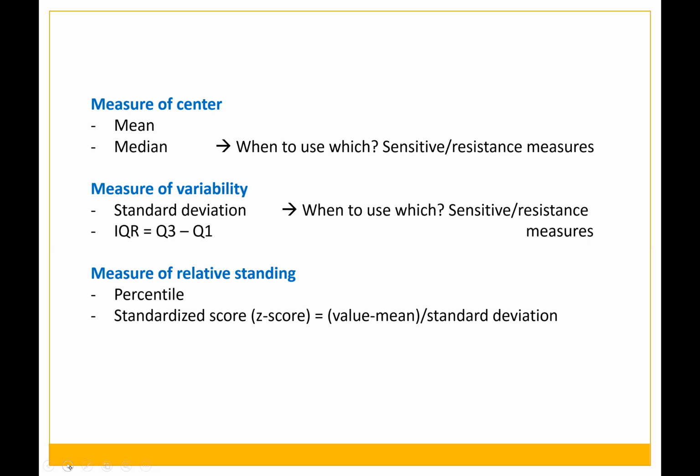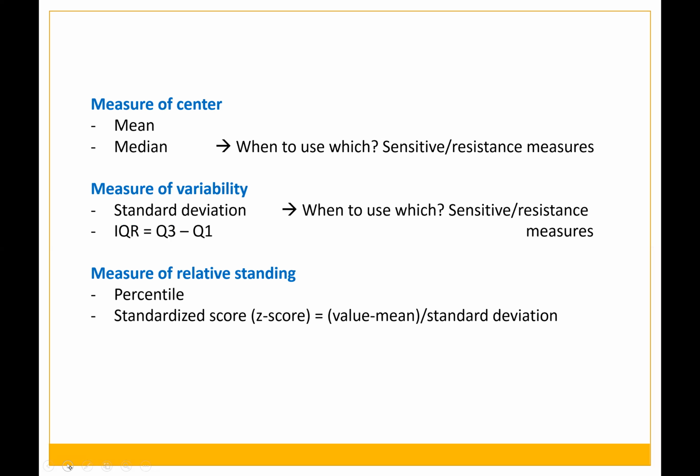But the median is a resistant measure, where the outliers don't have that much effect on the median. When to use which depends on your sample and whether you have any outliers. Mean is better for a good sample without any outliers, like a symmetric one. The median is more suitable if you have outliers.